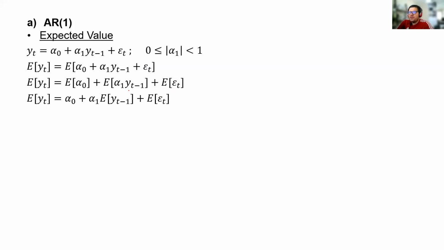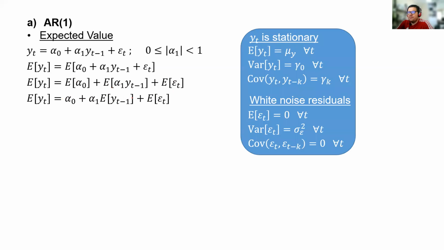And the next step that we do is to take care of the constants. So expected value of a constant is equal to that same constant. The expected value of the multiplication between a constant and a variable is equal to the constant times the expected value of the variable. And we are going to see what these expected values mean.